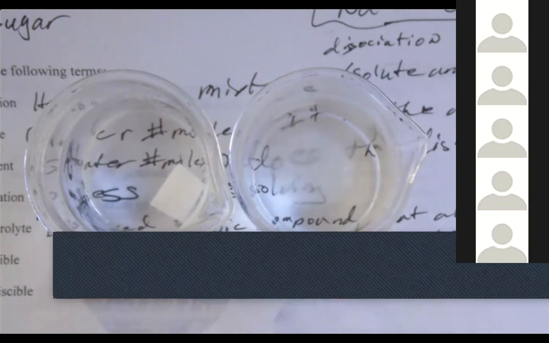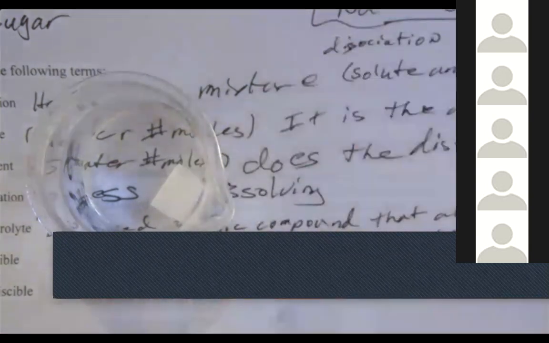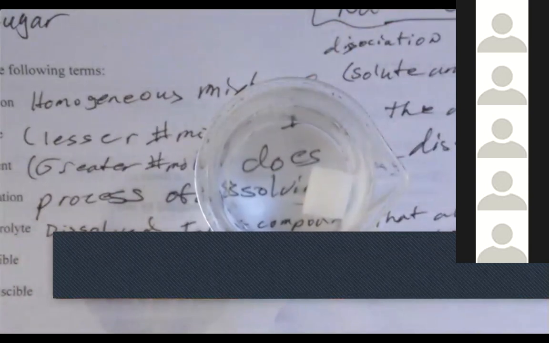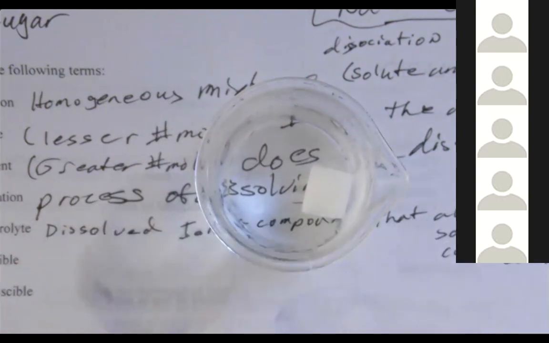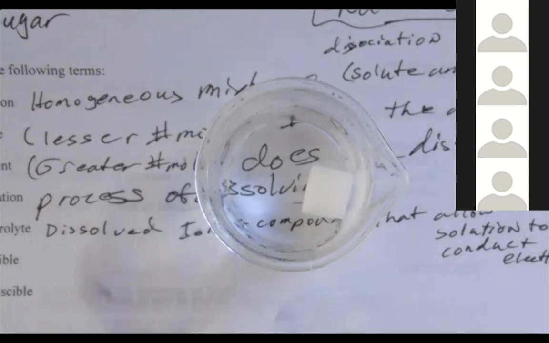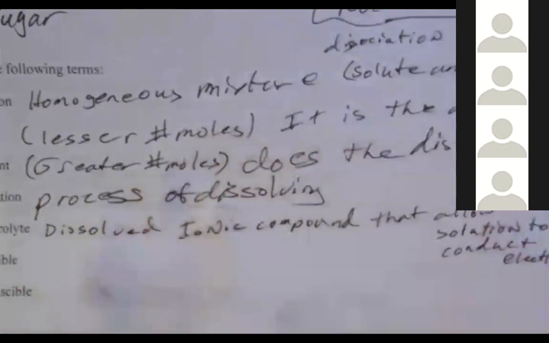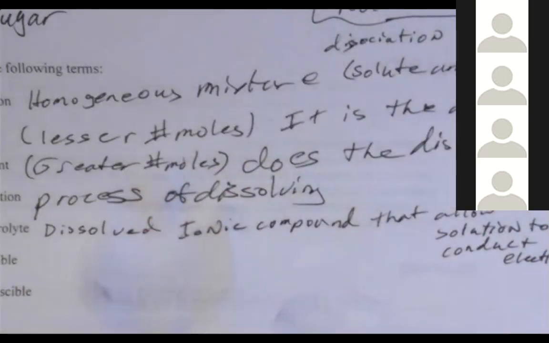Which is kind of interesting because both of those are polar, but the water does a much better job at pulling apart the sugar. Even though it's polar, water definitely does a better job than the alcohol does. So that brings us to miscible and immiscible.